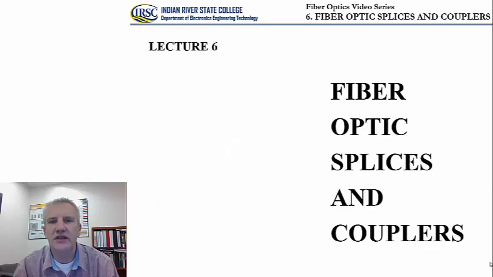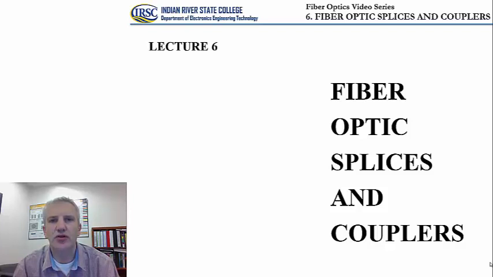And finally, at the end, let's quickly summarize this lecture. So today we talked about two categories of fiber optic connections. We talked about fiber optic splices and fiber optic couplers. The first portion of the lecture covered fiber optic splicing in detail. We explained the whole process of fiber optic splicing.